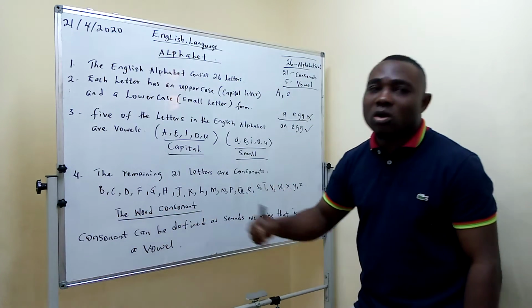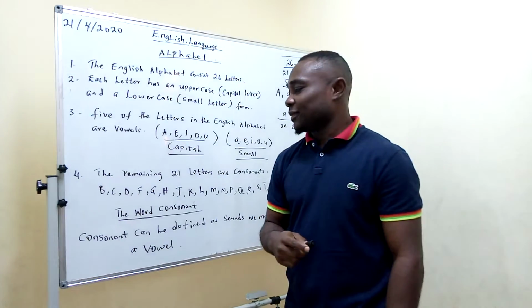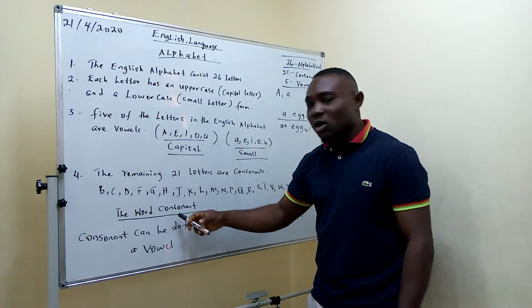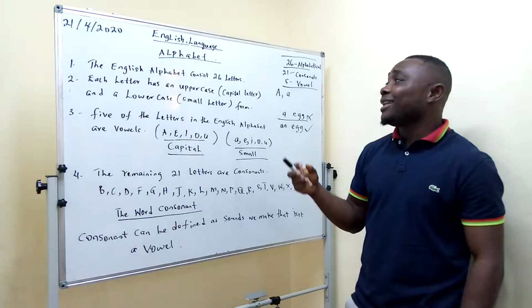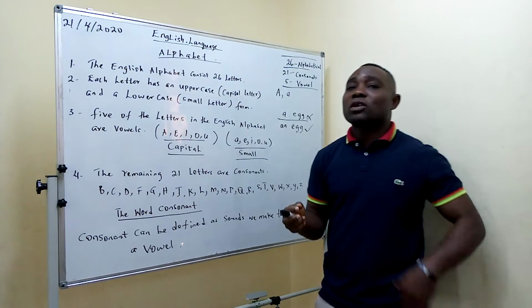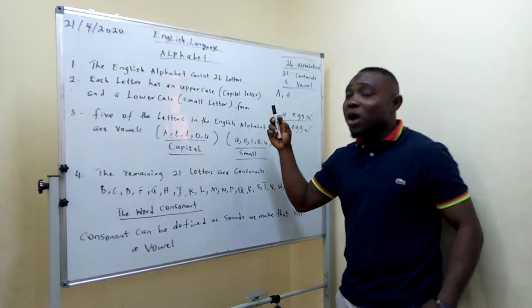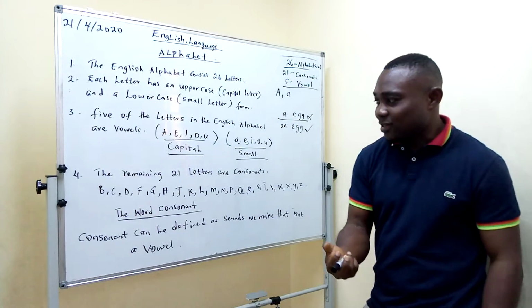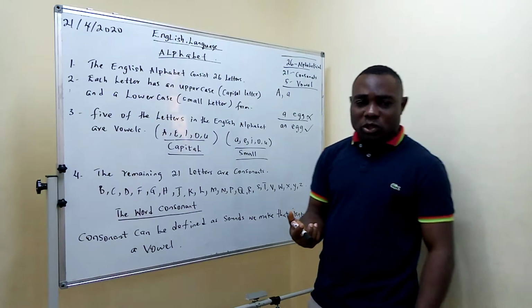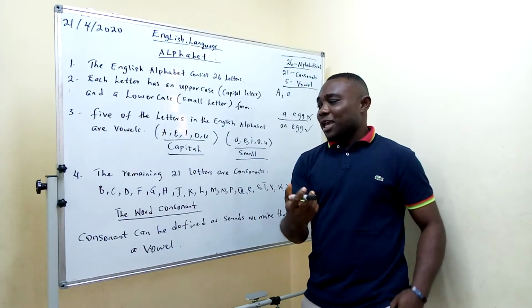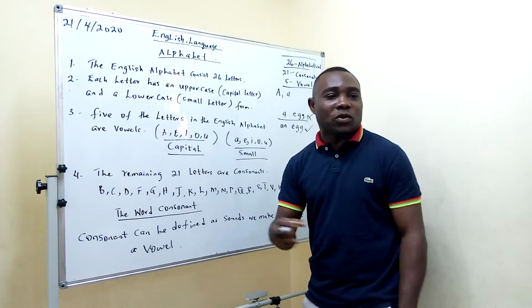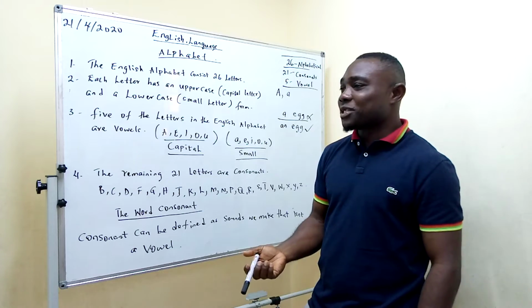Now let's move on to the word consonants. Like I told you before, we have just 5 vowel letters while the remaining 21 are consonants. If somebody asks you to define the word consonant, what will you tell the person?